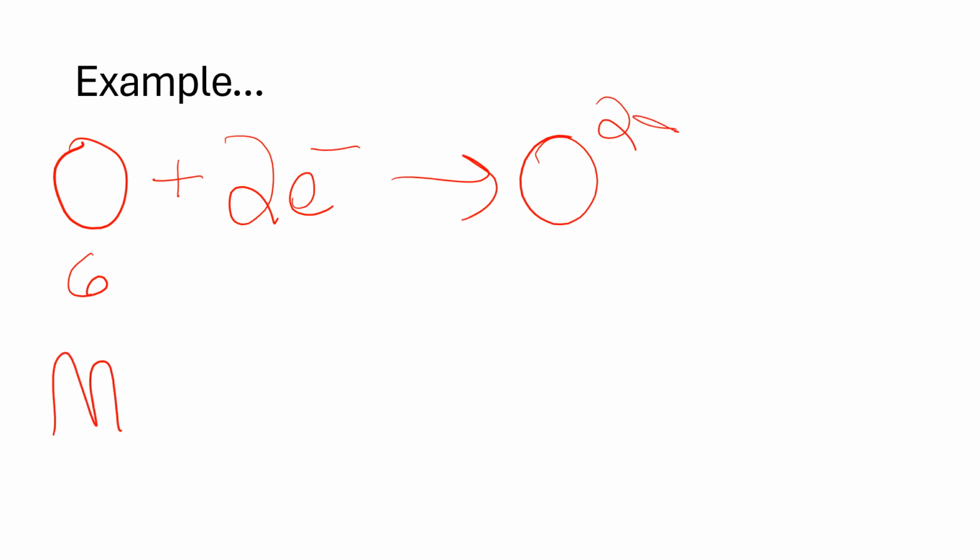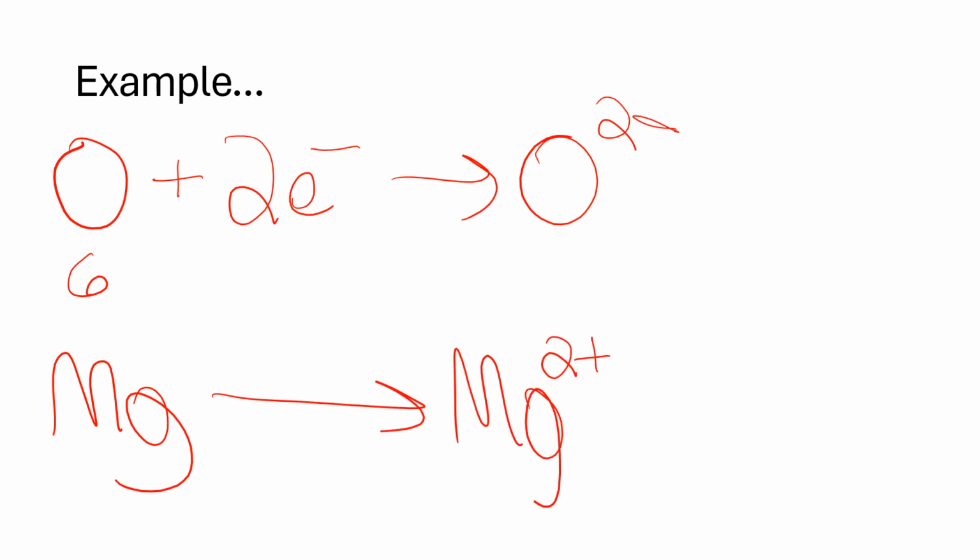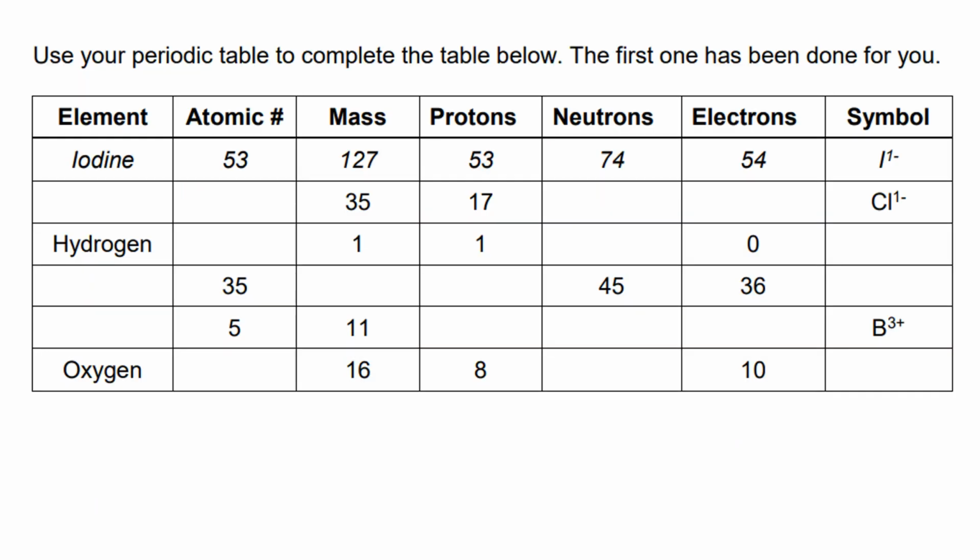Now magnesium will lose 2 electrons, because it wants to form a 2+ charge. Underneath it has 2 valence electrons, and underneath that we have a full 8 valence electron shell.